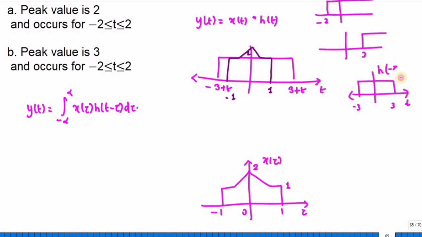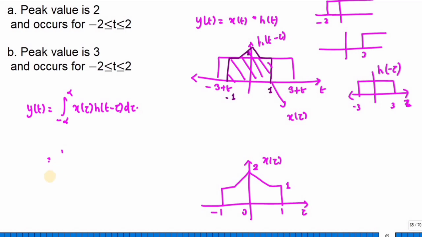If I change to minus tau and add t with this one, this pink line is h of t minus tau. So I'm going to add t with this one, and this is my x of tau value. So I can see the intersecting point is this one.